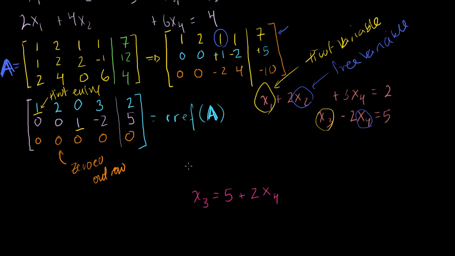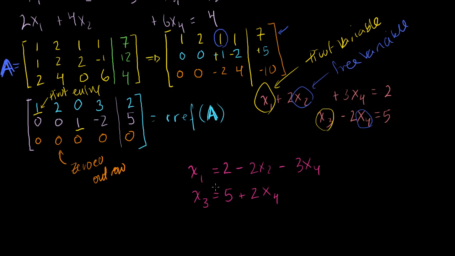And then we get x1 is equal to 2 minus 2x2 minus 3x4. I just subtracted these from both sides of the equation. Now, this right here is essentially as far as we can go to the solution of this system of equations. I can pick really any values for my free variables, any values for my x2s and my x4s, and I can solve for x1 and x3.